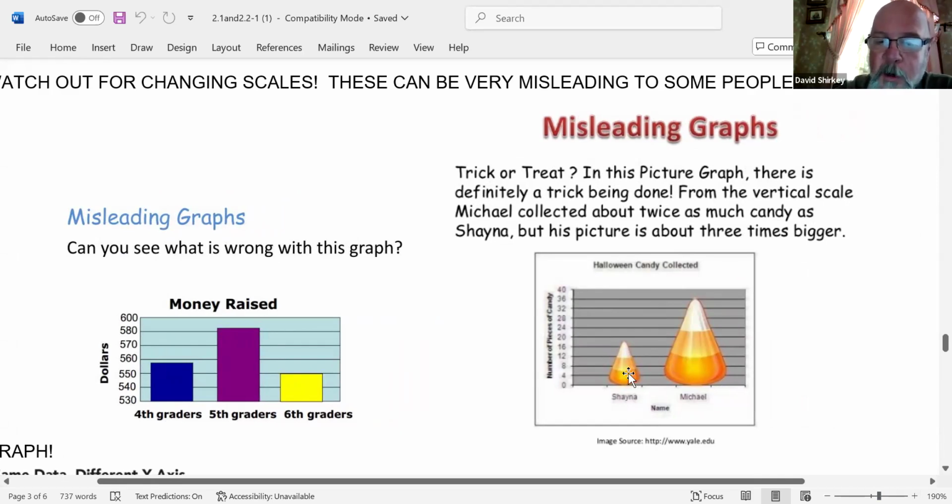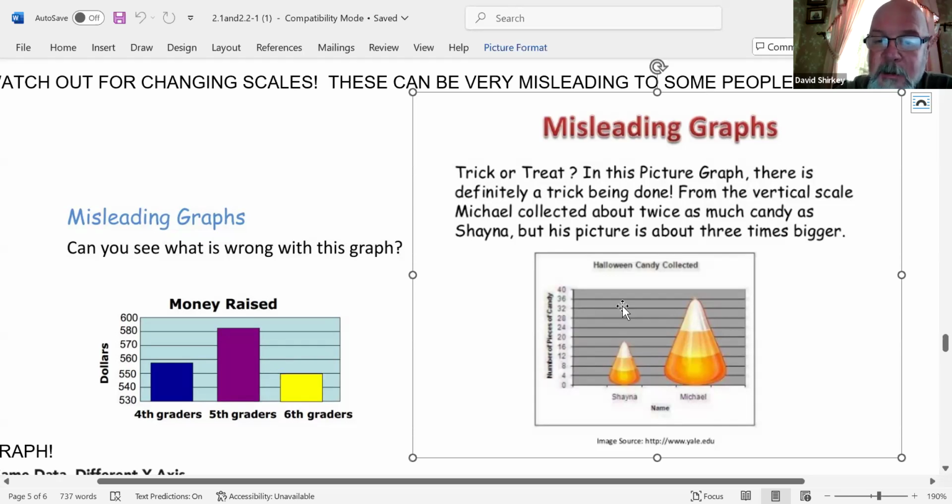In other words, whatever you're using in a pictograph, it should be exactly the same size. And if this candy corn was higher that Shayna sold, you would stack pieces of candy corn up to the correct height, but all of the candy corn would be the same size.